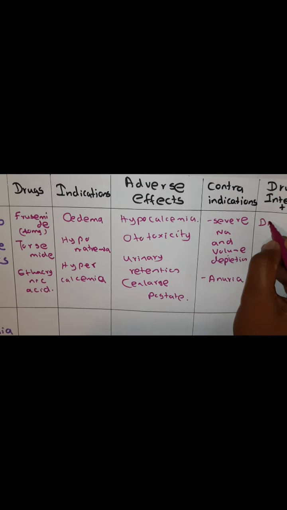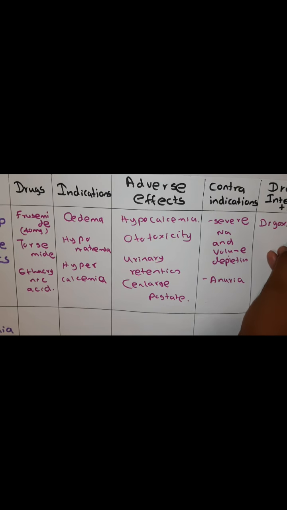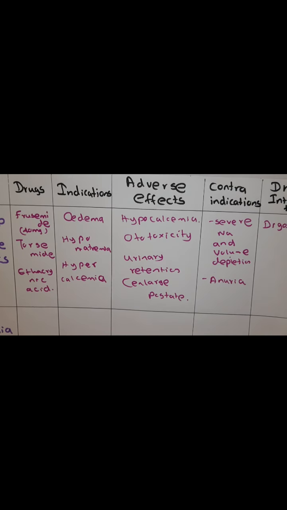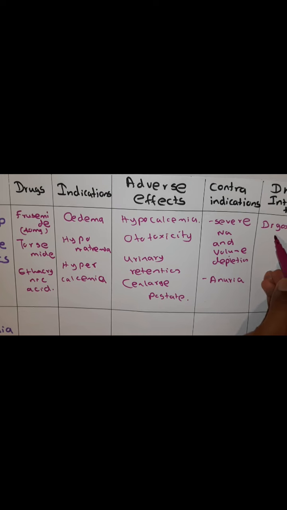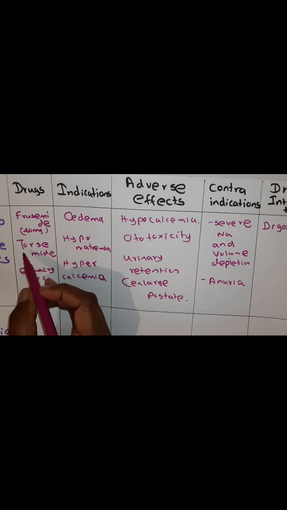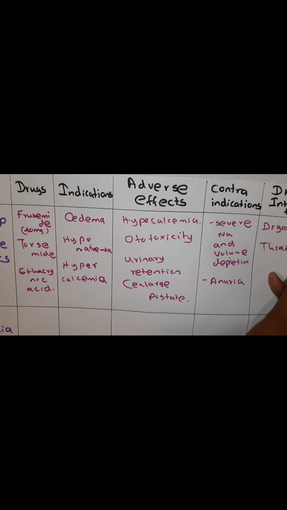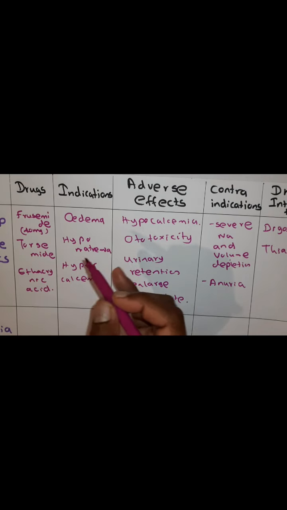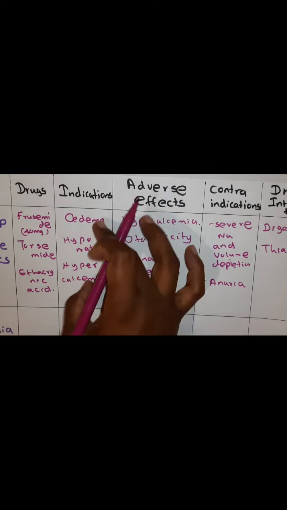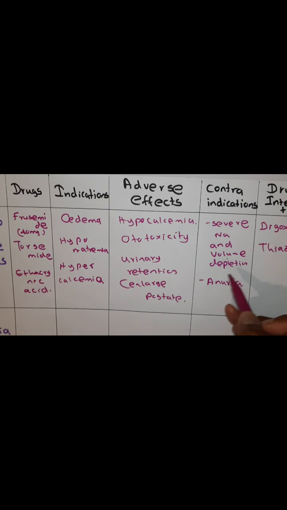Furosemide interacts with digoxin, where arrhythmias may occur. It also interacts with thiazides in a good way, where thiazides and loop diuretics are used as a combination for these indications, and the effect of the loop diuretics becomes higher.